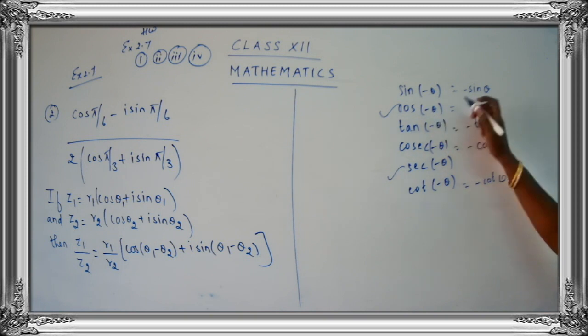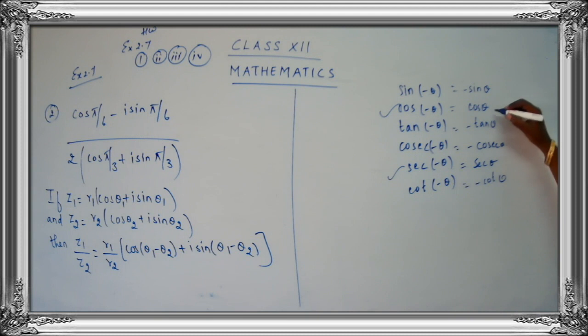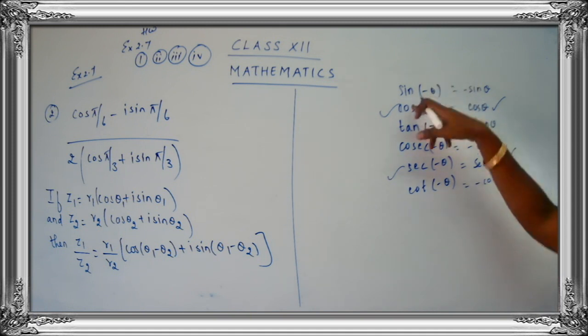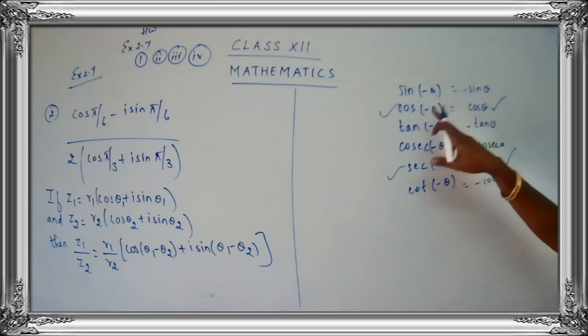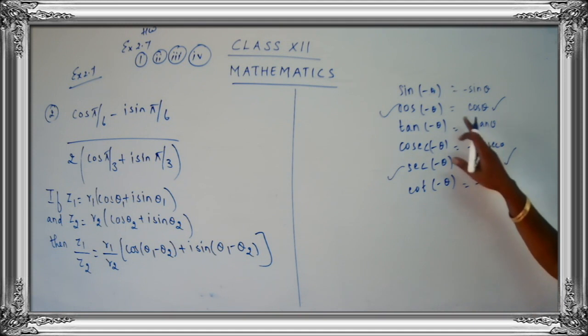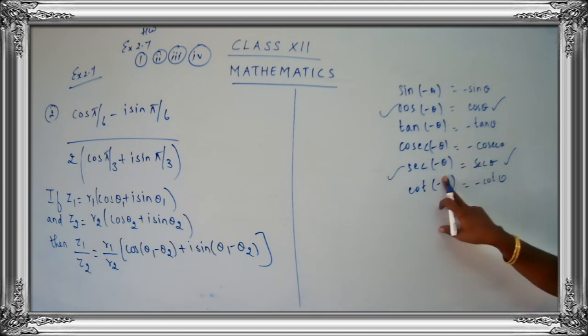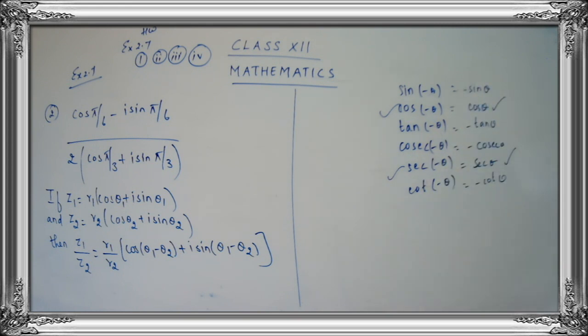And cos of minus theta is cos theta, and sec of minus theta is sec theta. Getting the point? So for cos theta and sec theta, the minus turns to plus, and for the remaining, the minus just comes before the trigonometric function. So sine of minus theta is minus sine theta, cos of minus theta is cos theta, and so on.